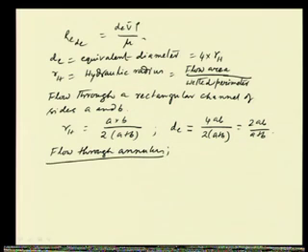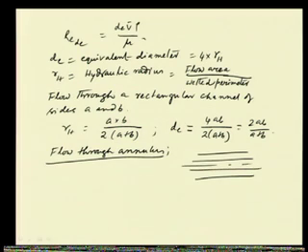If we consider this, this is the outer pipe and this is the inner pipe. This is the diameter of the inner pipe, and this is the diameter of the outer pipe.